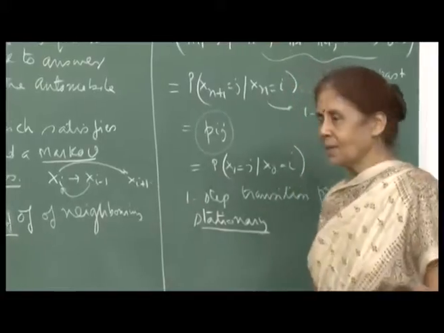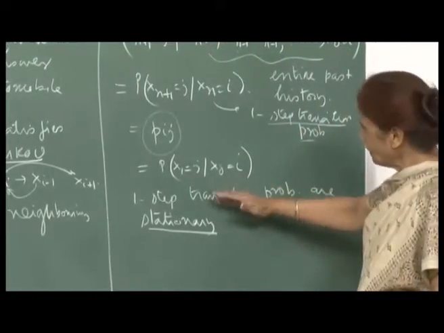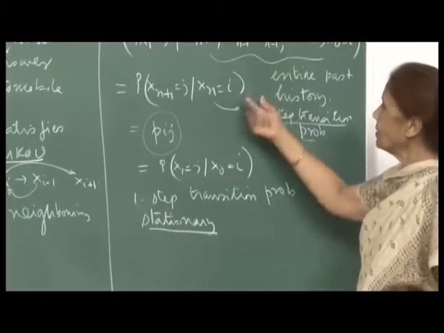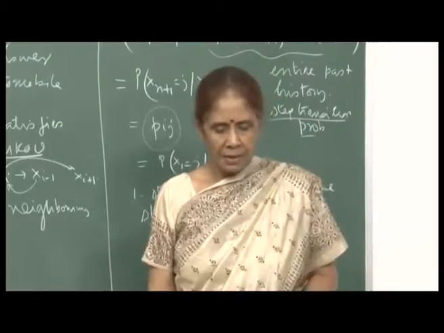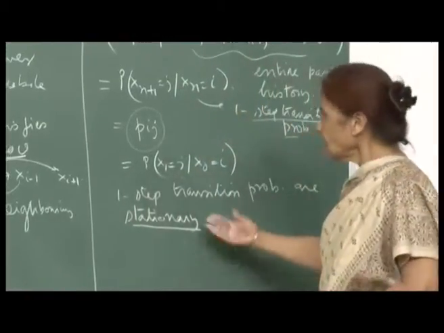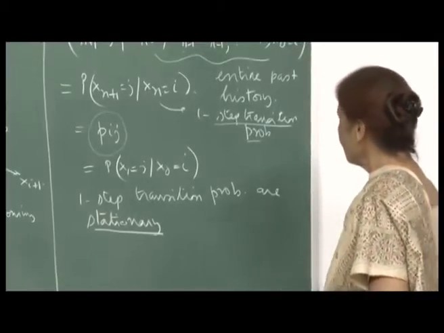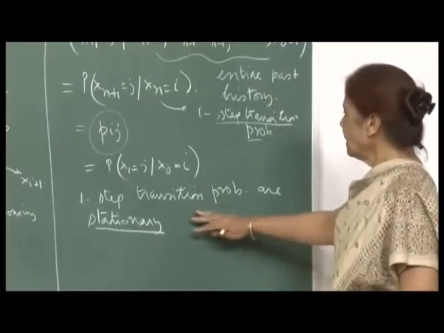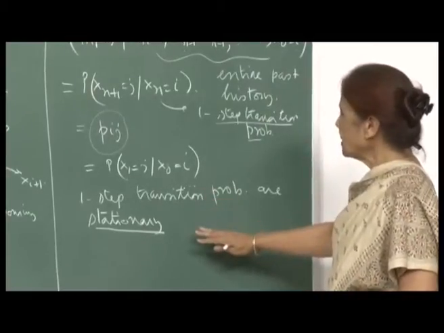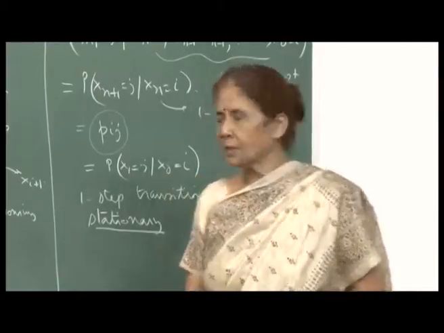Therefore, these transition probabilities are not affected by which time period you are considering the transition in. As we go on, we will look at a lot of processes and real life situations where we will see that assuming your transition probabilities have the stationarity property is not very unrealistic.